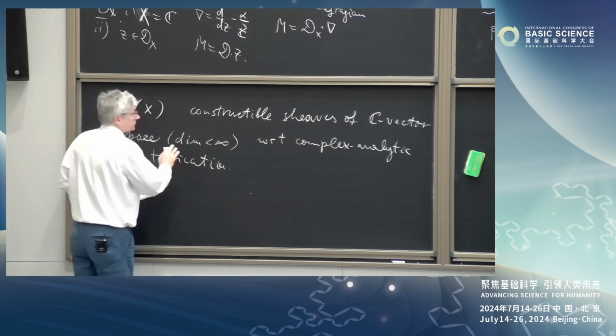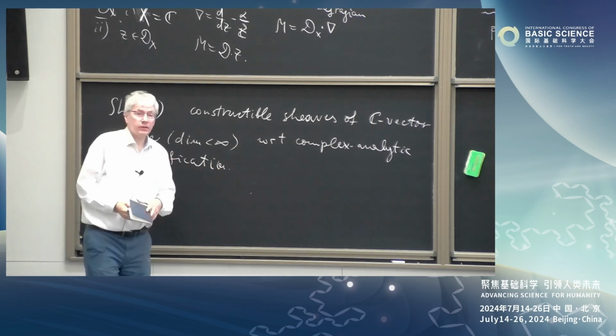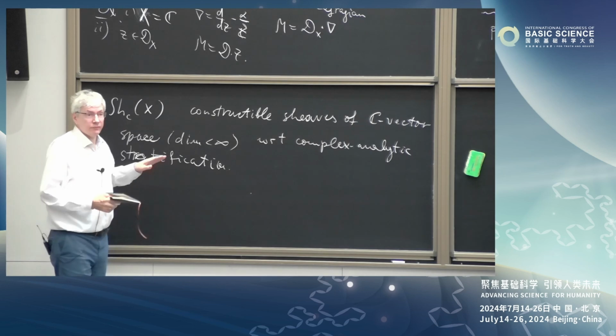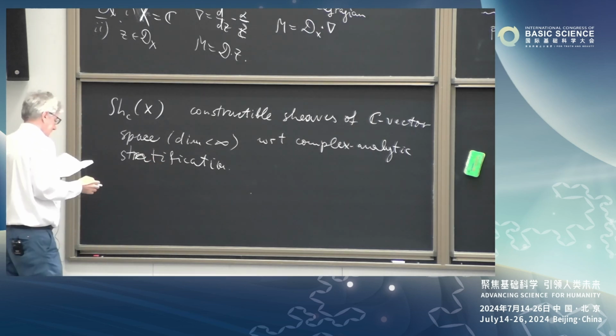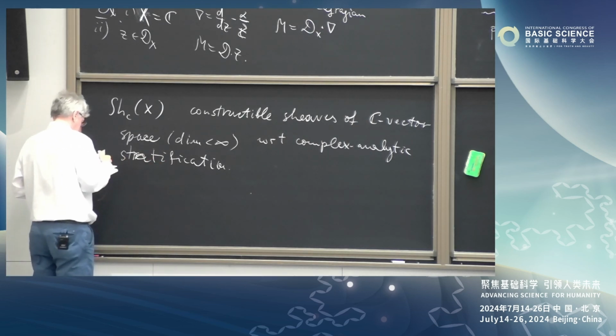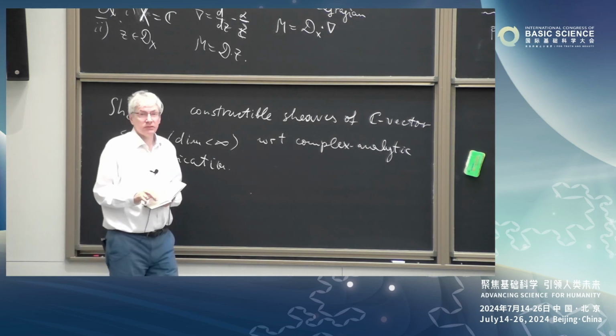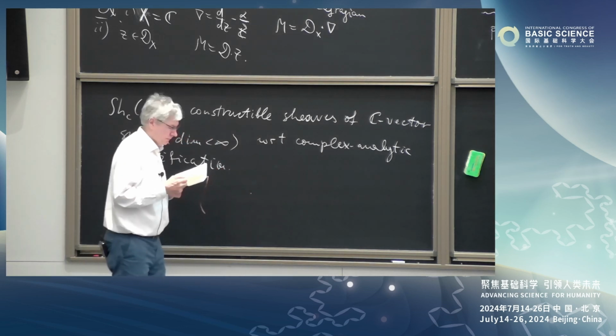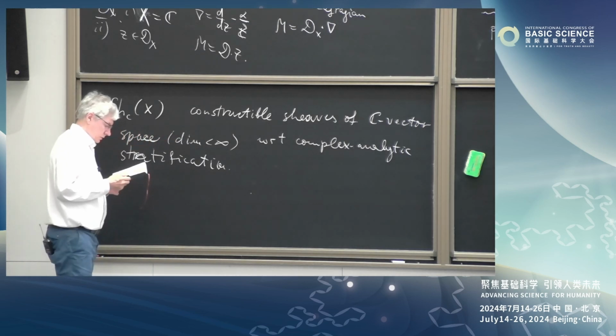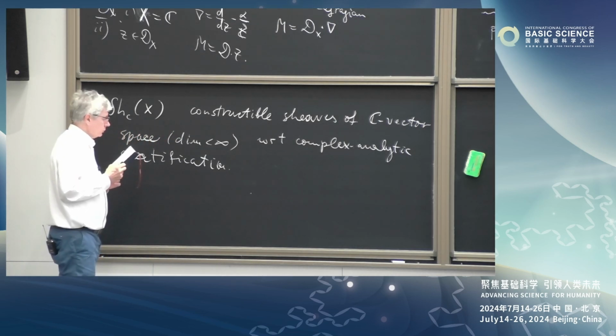At this moment, stratification is not fixed, but when I speak about highest weight categories, I will fix stratification. So maybe I'll formulate the statement, which is already kind of classical, about 1987, 1988. But I will give another proof for it from the point of view of derived category approach.